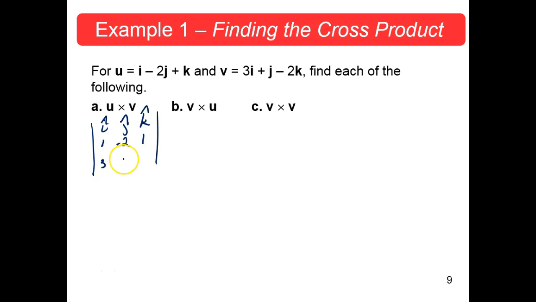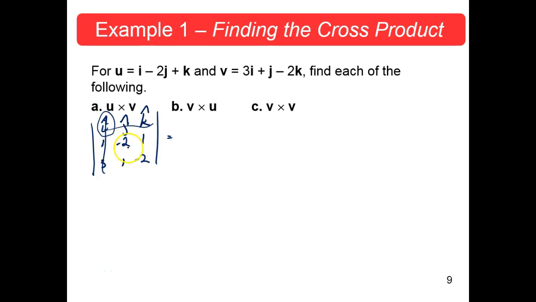3, 1, -2. Okay? And what does this give you? The I component. You wipe out first row, first column. I set them backwards. Okay. Oh, no, sorry.